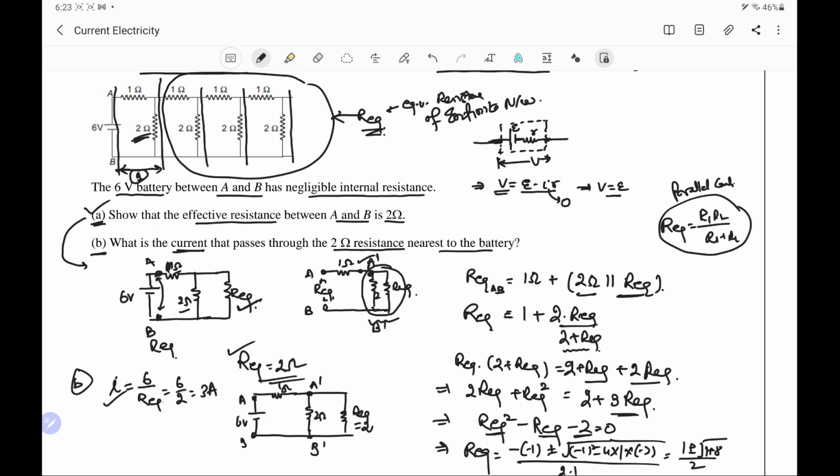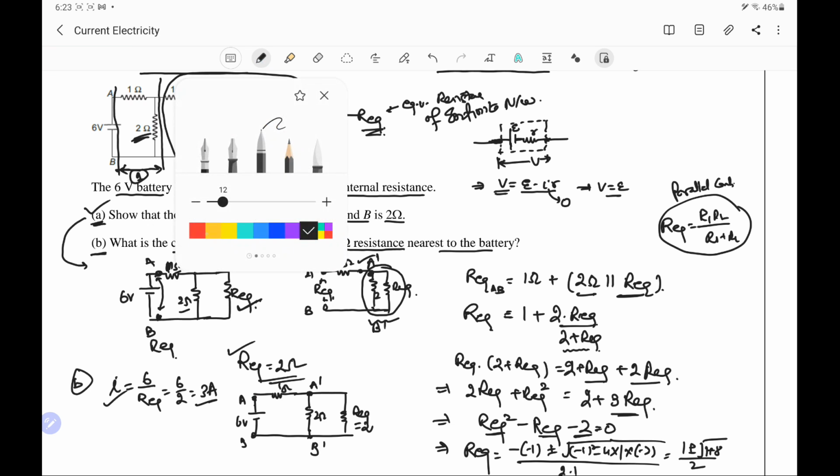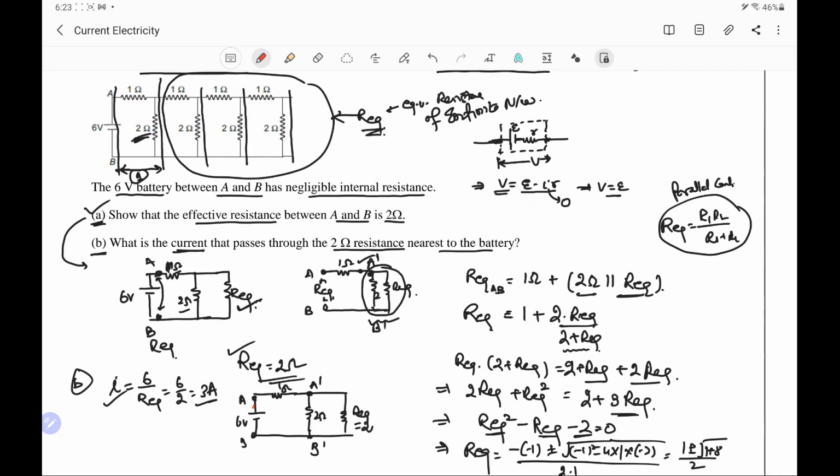Now I is 3 ampere. That means this cell or battery is providing 3 ampere current. This 3 ampere current through A reaches A dash. At A dash, it will divide into two components. As we see, there are two paths and both have 2 ohm resistances, so this current will divide equally.